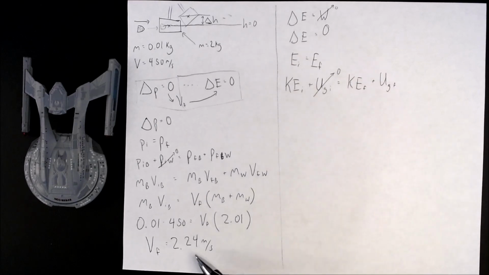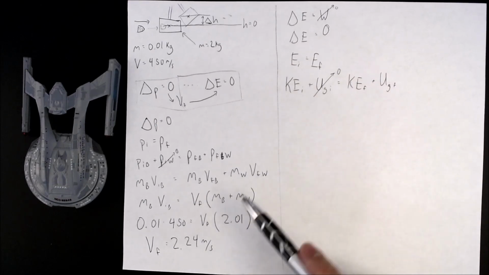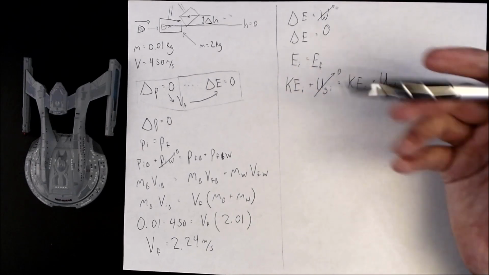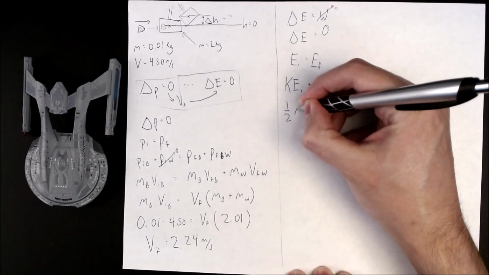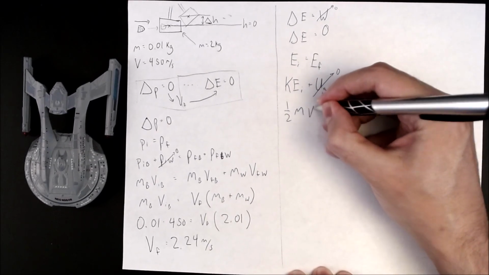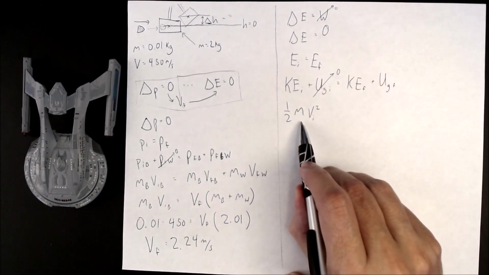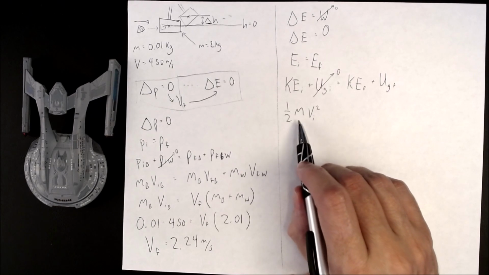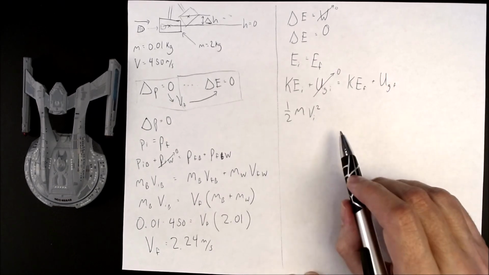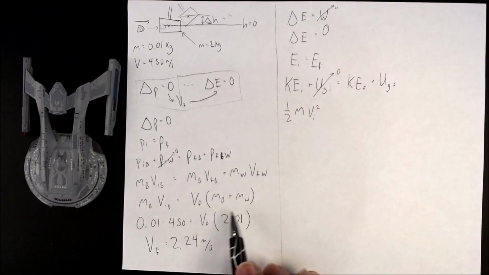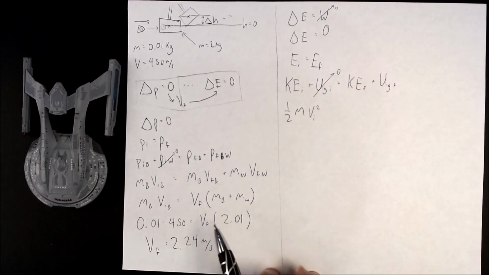We need to use this 2.24 meters per second for the initial kinetic energy: 1/2 mass times velocity initial squared. Now, what is the mass going to be? I'll give you a moment to think about that. The mass is going to be the mass of the bullet and the mass of the block of wood together. Velocity initial will be that.